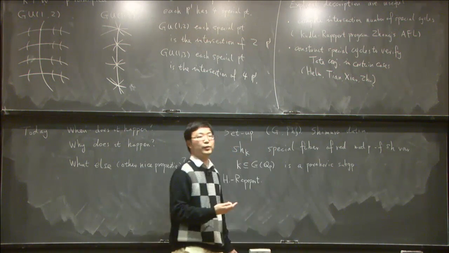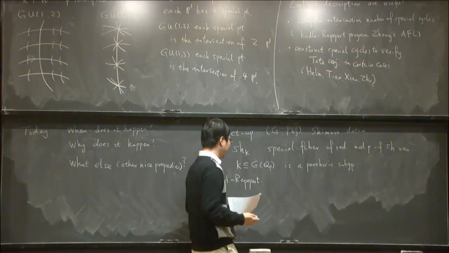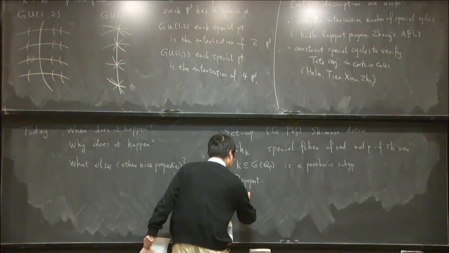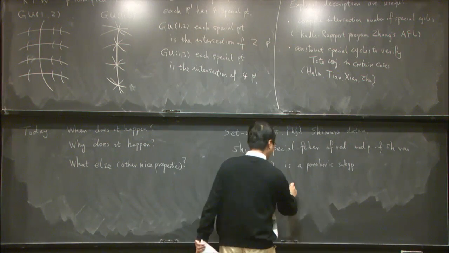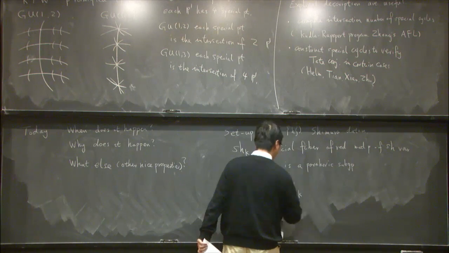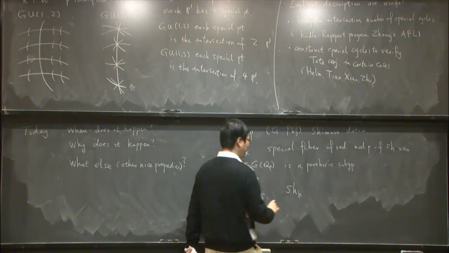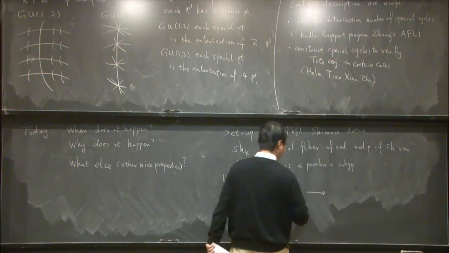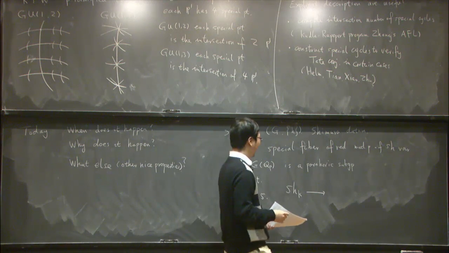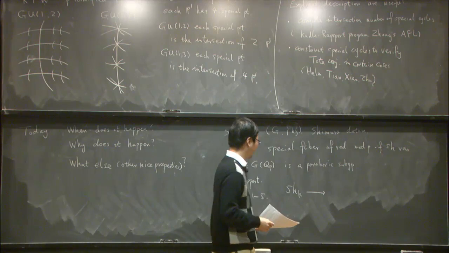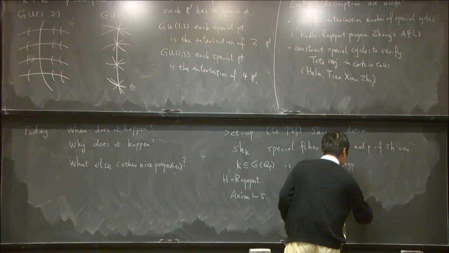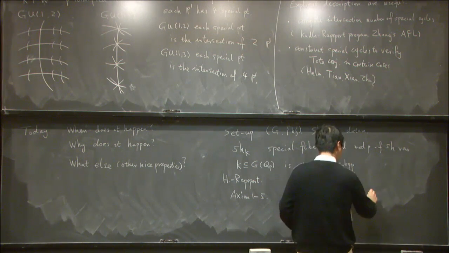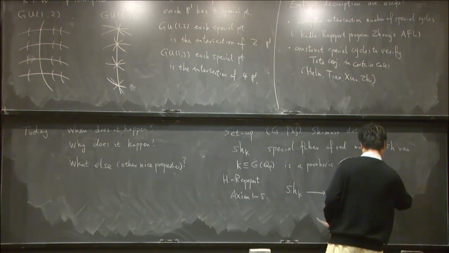So we put up the five axioms, 1 to 5. This allows us to relate the special fiber of the Shimura variety with the group-theoretic setting. So I'll first write this down, and I'm going to explain in more detail.